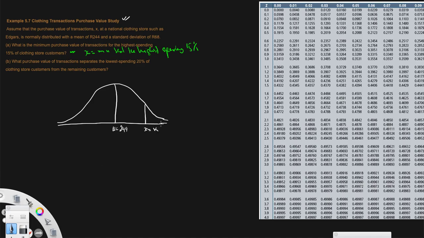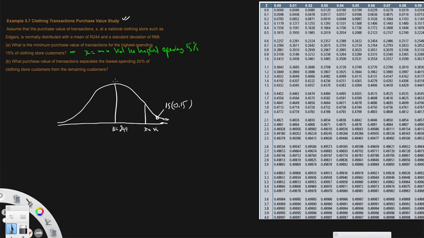Okay, and we know that the probability here is 15%, also written as 0.15.